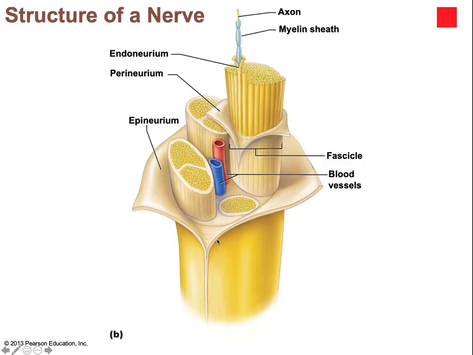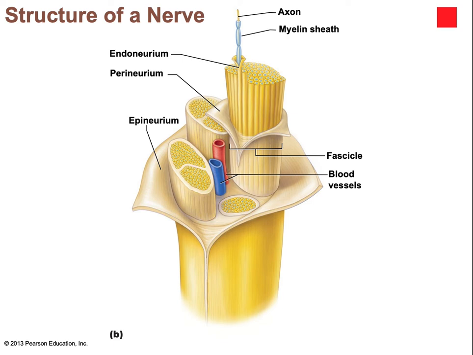A nerve has an organization very similar to a muscle. Okay, it's a cord-like organ in the peripheral nervous system that contains bundles of myelinated and unmyelinated peripheral axons that are enfolded in connective tissue. Okay, the connective tissue that surrounds the individual nerve fibers is called endoneurium.